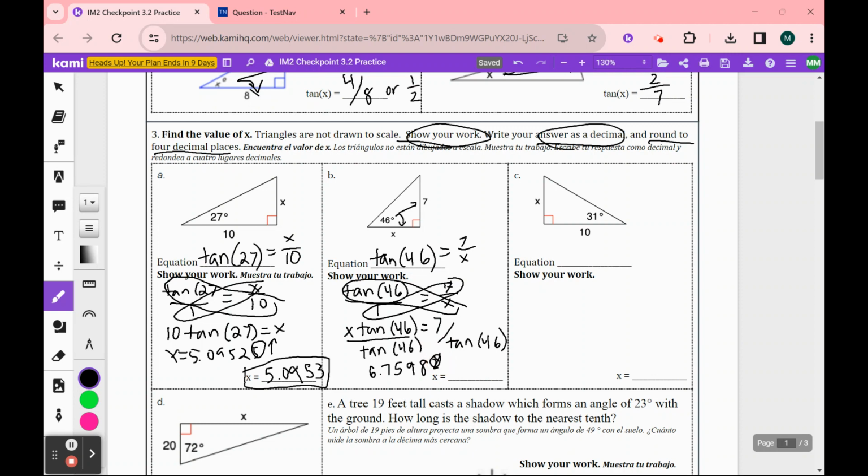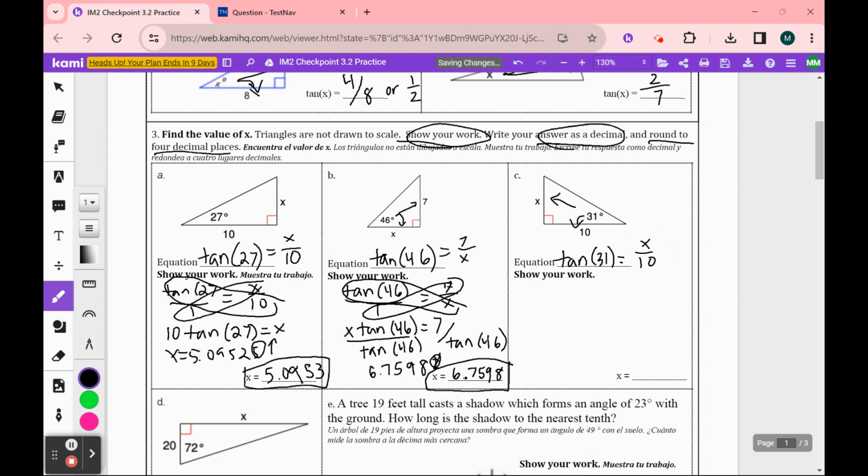The 2 does not make me round up, so my answer is just 6.7598.